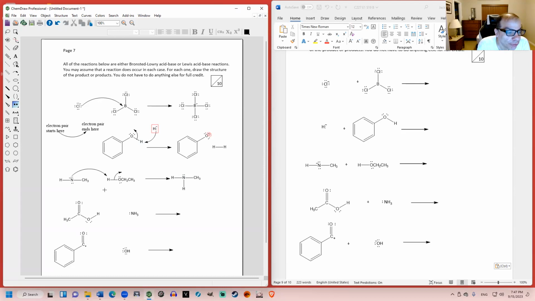It gained a hydrogen because it pulled the proton off of the alcohol. Let's see if it will let me do this. ChemDraw's not smart enough.